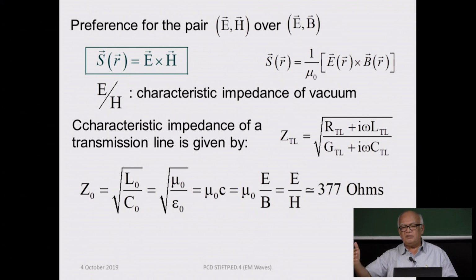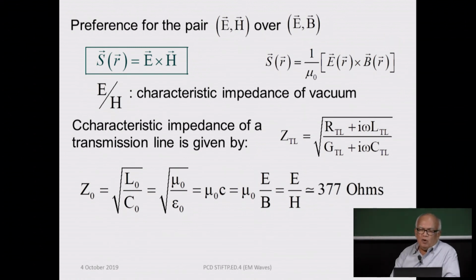The impedance comes from the self-capacitance and the self-inductance of the transmission lines. And that transmission line impedance is given by the square root of (R plus i omega L) over (G plus i omega C) and so on. So these are some characteristic properties of the transmission lines.